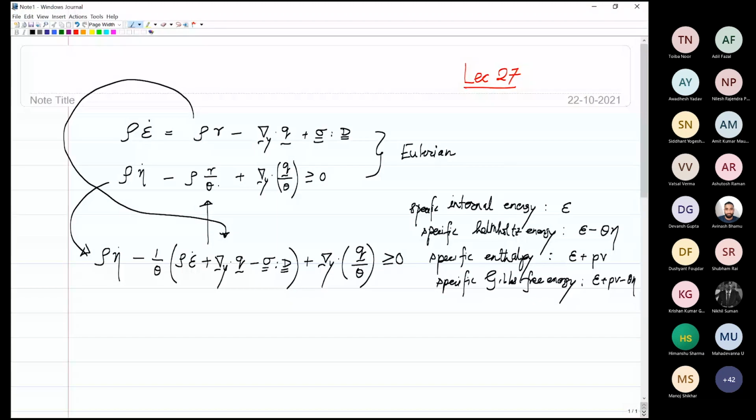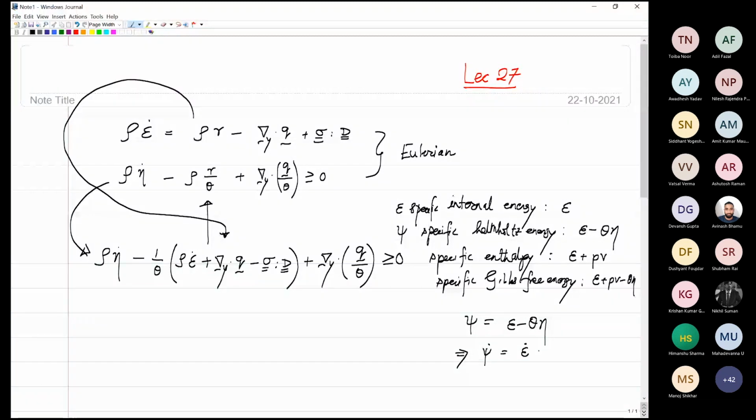Finally, I want to substitute the internal energy with the Helmholtz free energy. Using this definition, we'll call the Helmholtz free energy psi. Psi being equal to epsilon minus theta eta implies psi dot is simply epsilon dot minus theta dot eta minus theta eta dot.